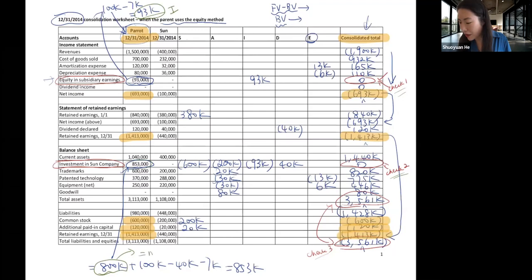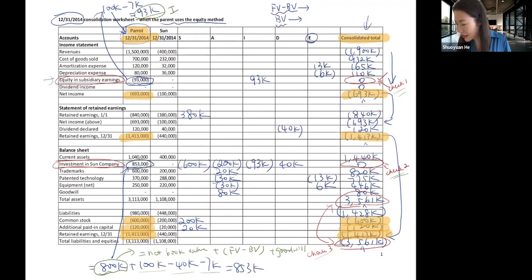It is made up of the net book value of the subsidiary, plus the difference between fair and book value, plus goodwill, right? That is the initial investment. And then we add the current year net income minus the current year dividend, because this is only the first year, and minus the 1 year's amortization.